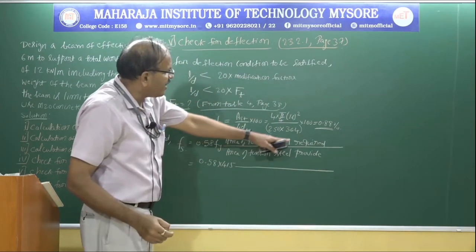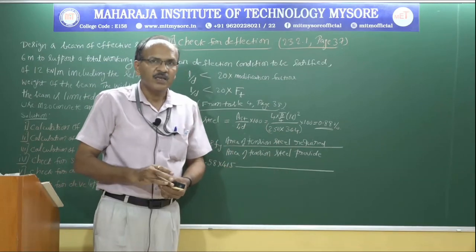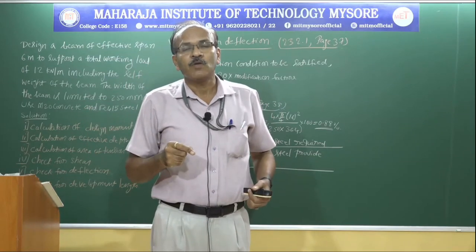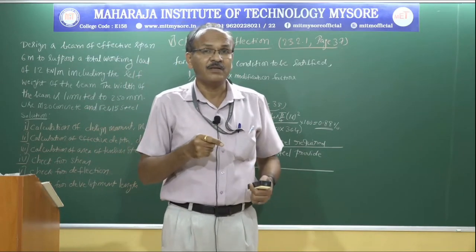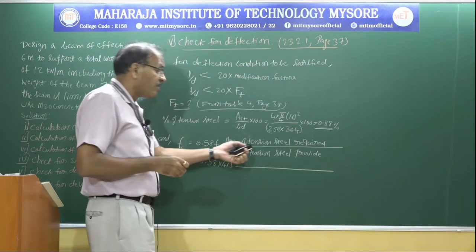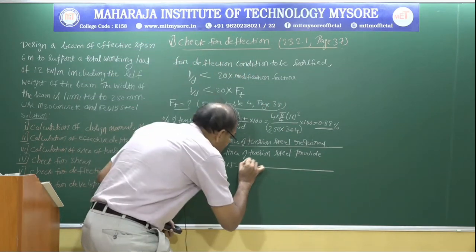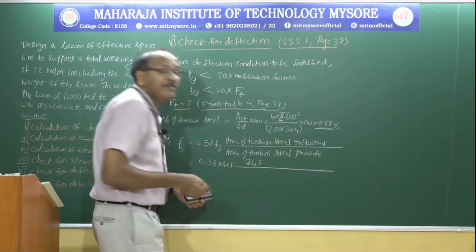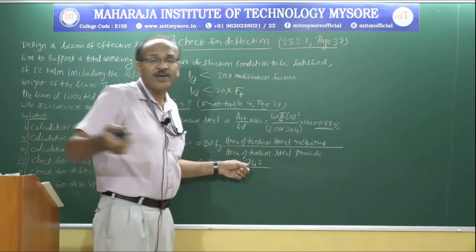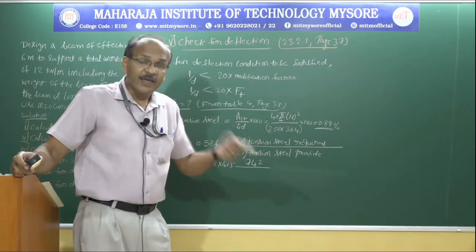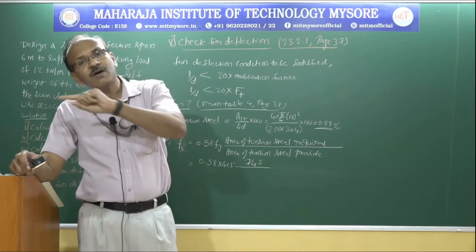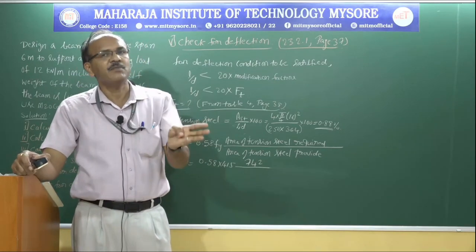What is the area of tension steel required? If you go back to the calculation of tension steel for flexure, we got the area of tension steel required as 742 millimeter square. Then we divided this value by the area of a 16 millimeter diameter bar to get the number of bars. We got some 3.69 bars.